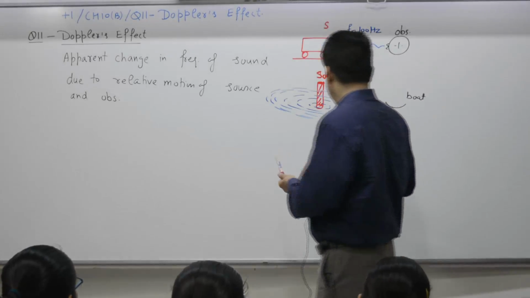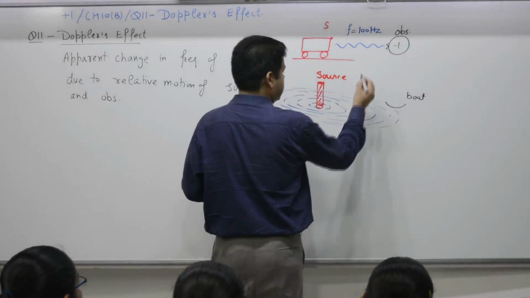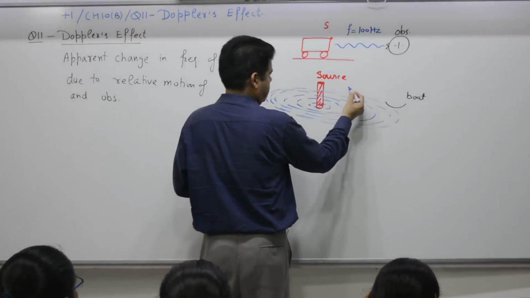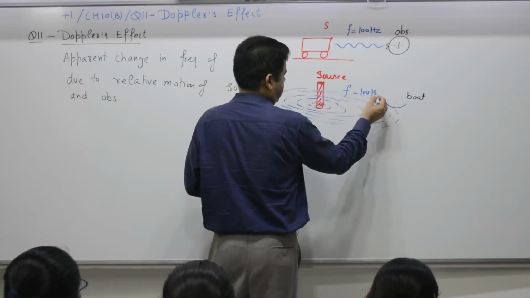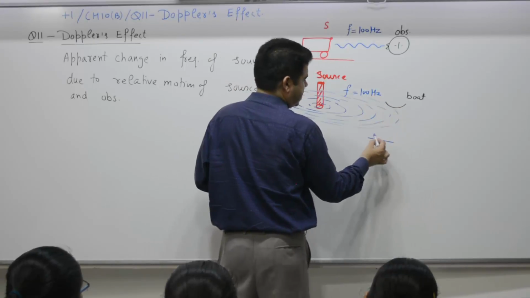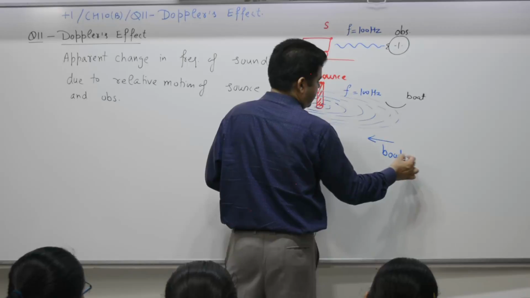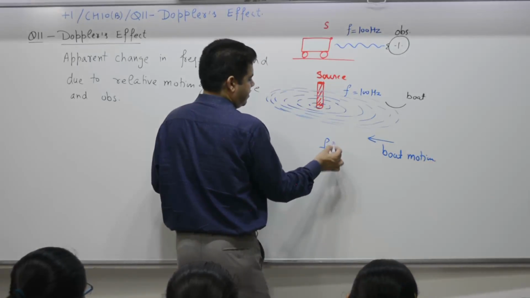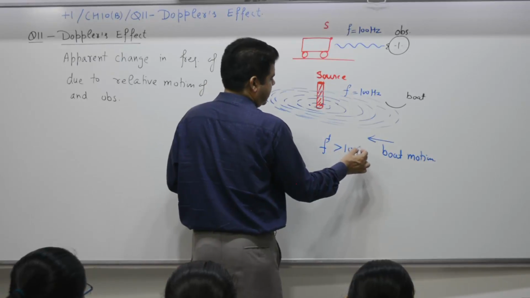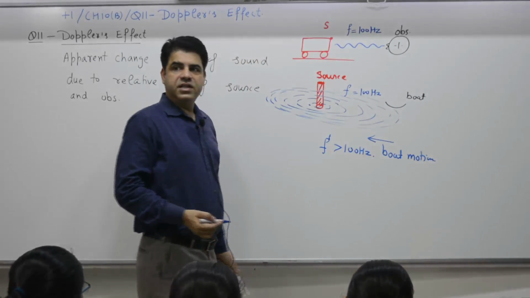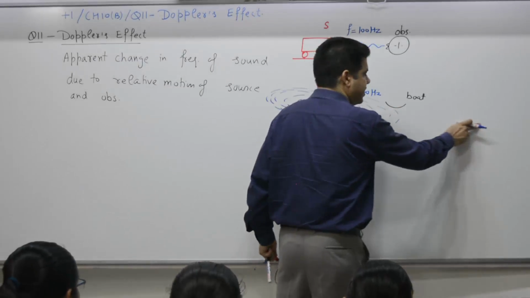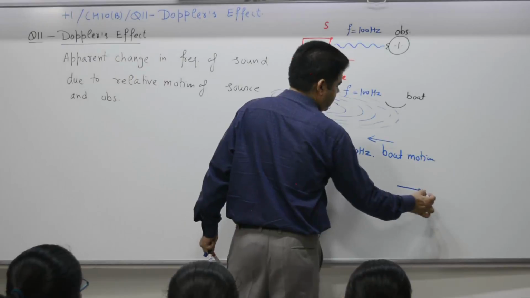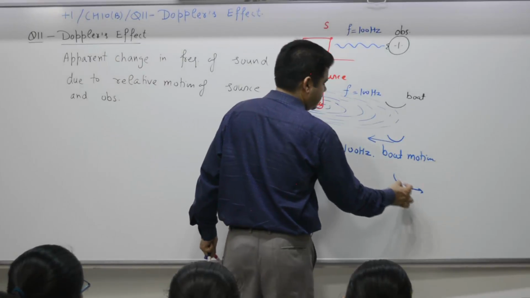That means if the frequency under normal conditions is 100 hertz, and the boat starts moving towards the source, f dash frequency will be what? More than 100 hertz. And in the other case, if the boat starts moving away, it will pick up less number of waves.